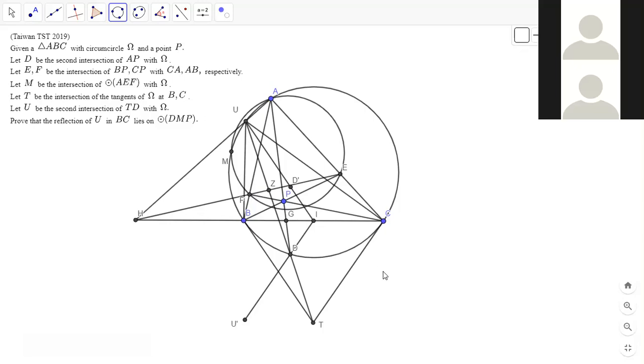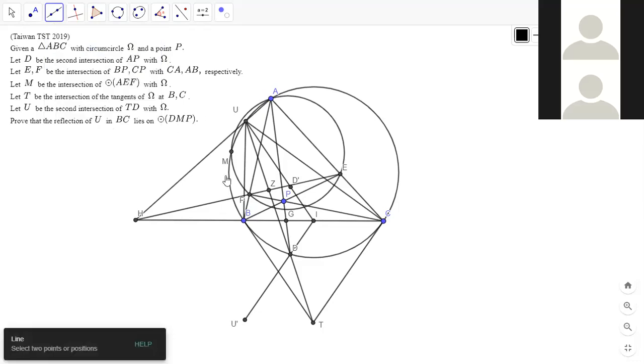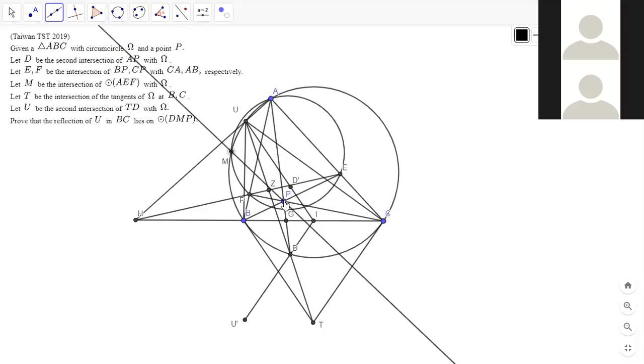So, yeah, let's see. What if we try using power of a point to show it?